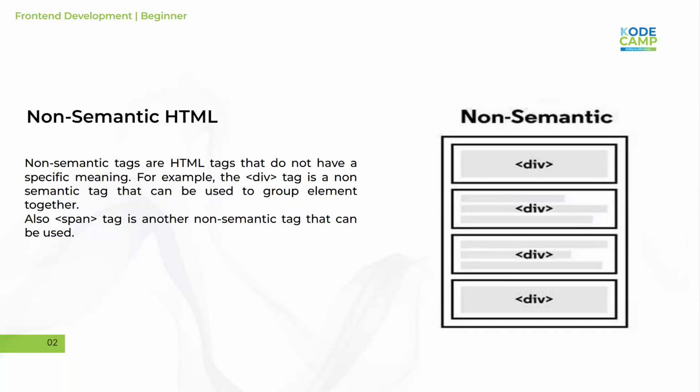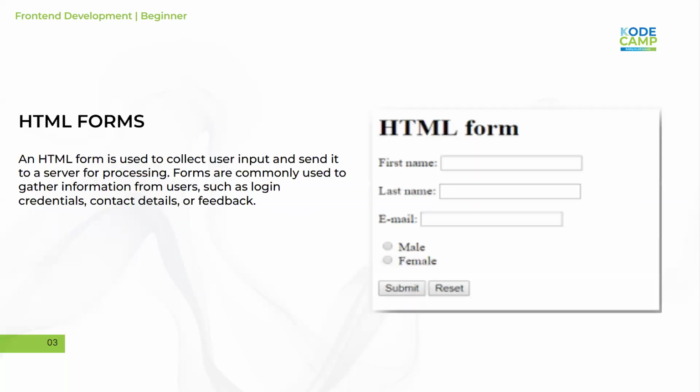Probably by next year it will be HTML6, but currently we are using HTML5, which makes it much easier for us to write shorter versions of code. Previously, you would have to write division before you can create a div, but now you just use the short form div and you're good to go.